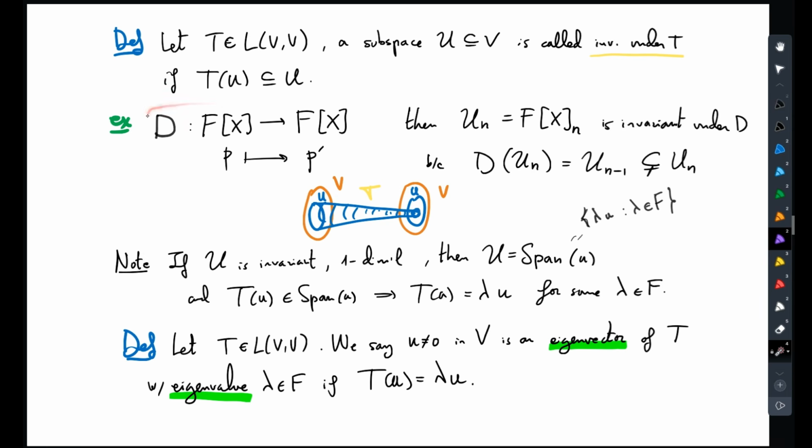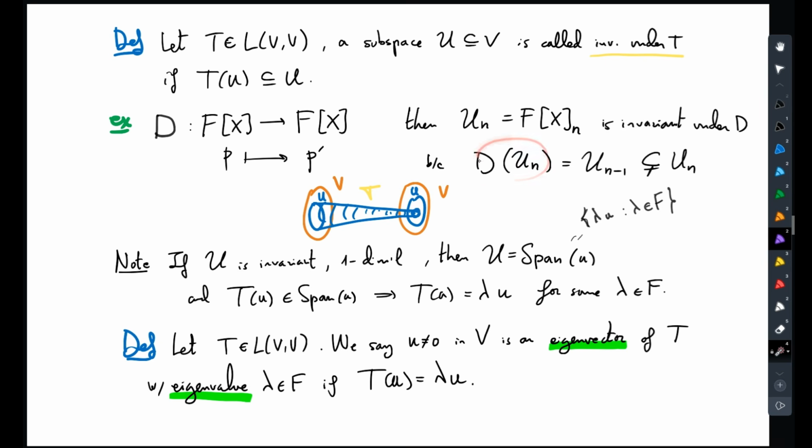Here's an example of what's happening here. For example, if I take the derivative map from polynomials over F to polynomials over F that sends a polynomial to its formal derivative, p prime of x, then there is a subspace, the polynomials of degree less or equal to n, that is invariant under derivatives. When I take a derivative of a polynomial of degree less or equal to n, I get a polynomial of degree less or equal to n minus 1.